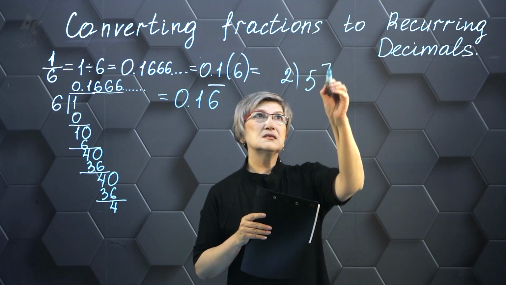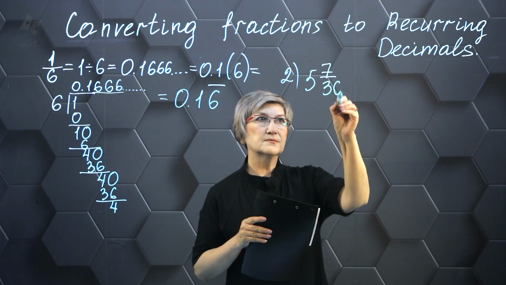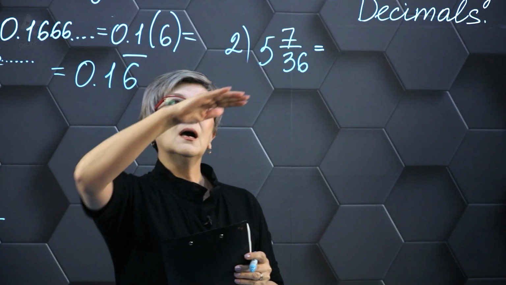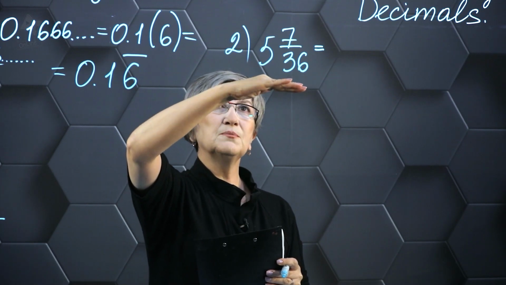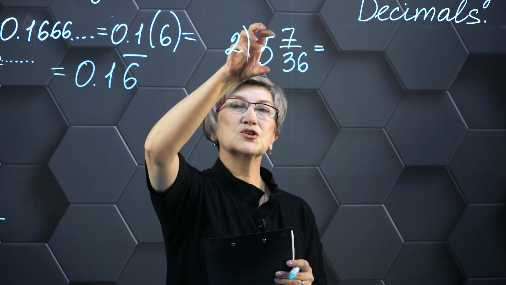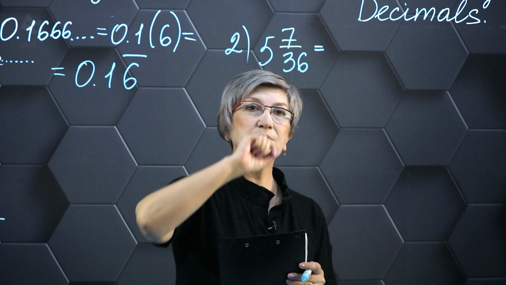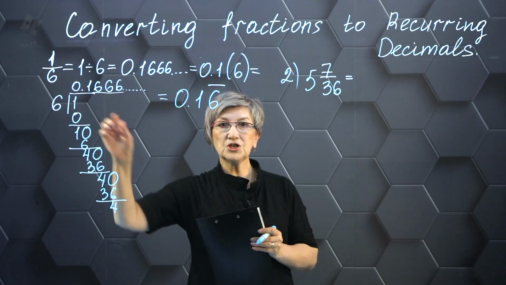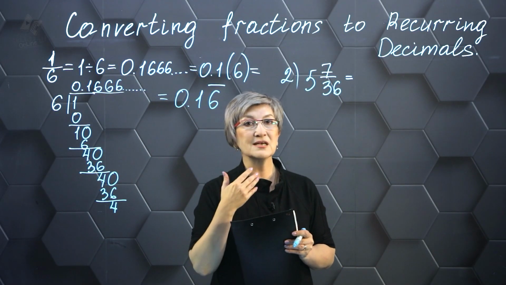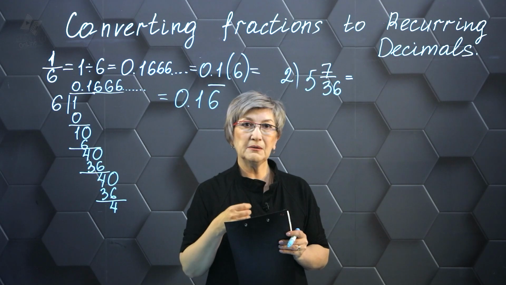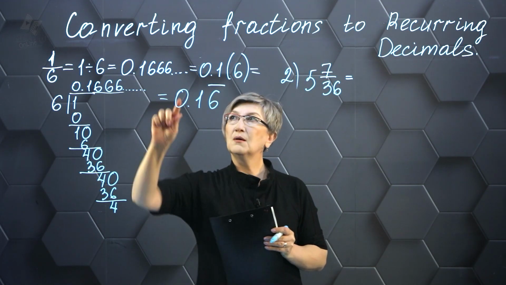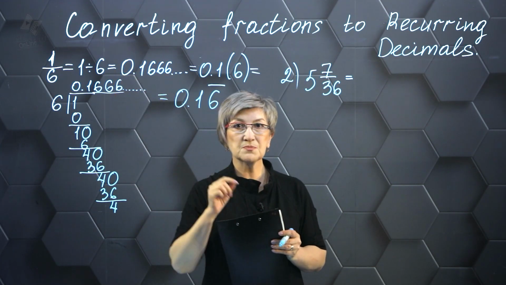5 whole 7/36. Note that in this example we have a mixed number, 5 integers and 7/36. In the previous examples we didn't have mixed numbers, but proper fractions, so we got 0 integers in the answer.